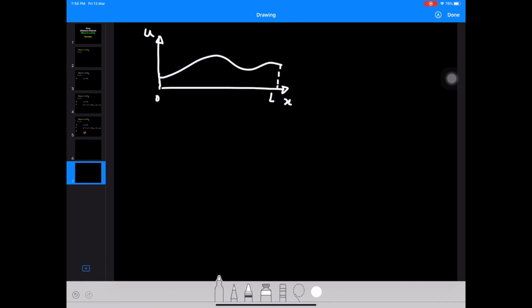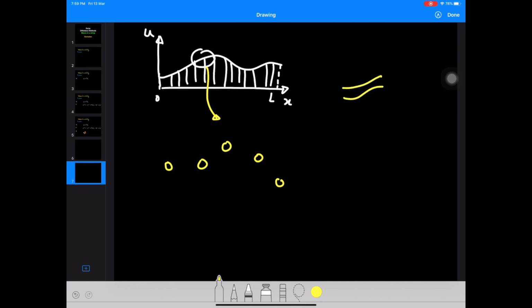Now if we discretize this string into small pieces, then let's zoom only here and take that piece. So what we get is something like this. So these are like pieces of the string.